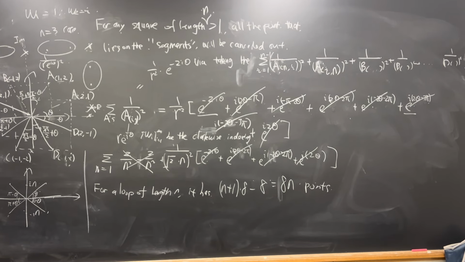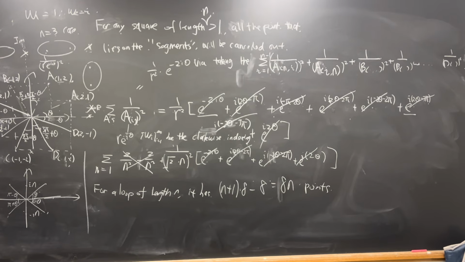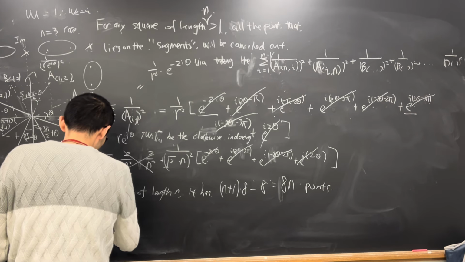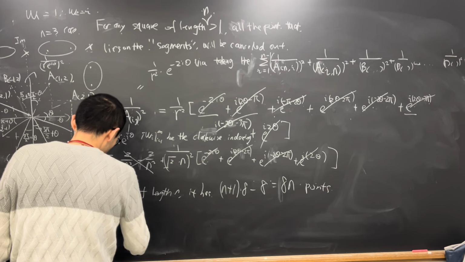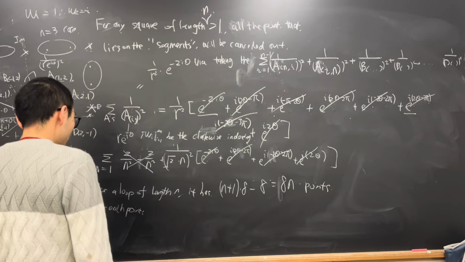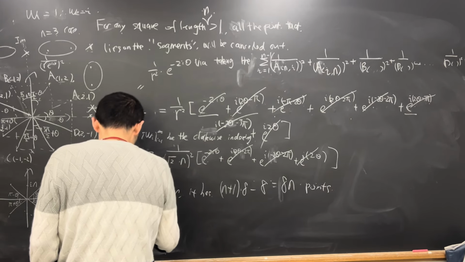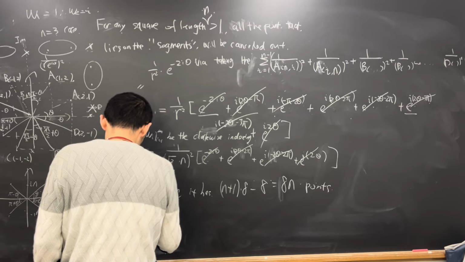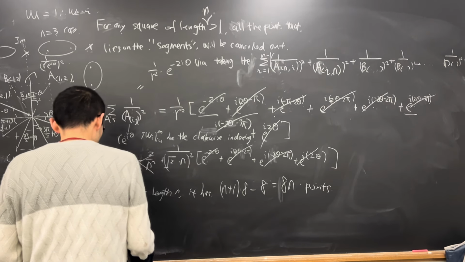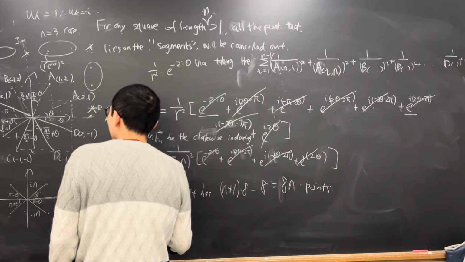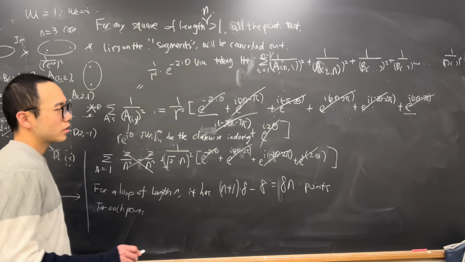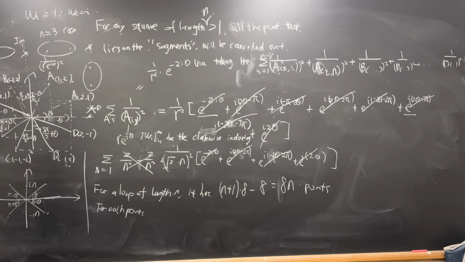So how does this argument work? For each of the points, what do I want to show?